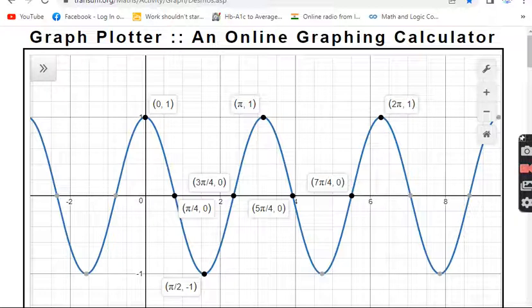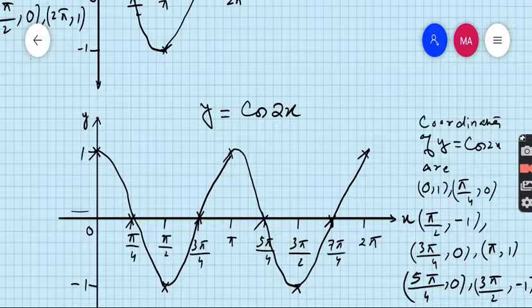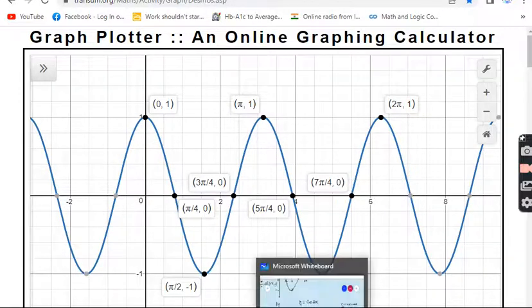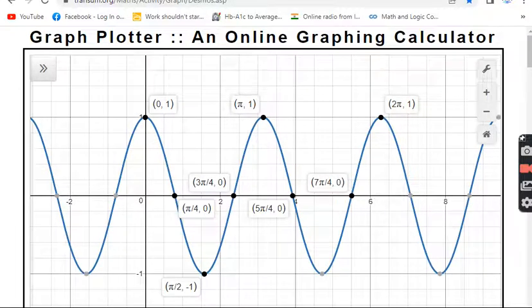So first coordinate 0, 1, pi by 4, 0, pi by 2, -1, 3 pi by 4, 0, pi comma 1, 5 pi by 4 comma 0, 7 pi by 4 comma 0, and 2 pi comma 1. And see my graph. Yes, 100% correct. See this and see my graph. Till 2 pi. Focus till 2 pi.